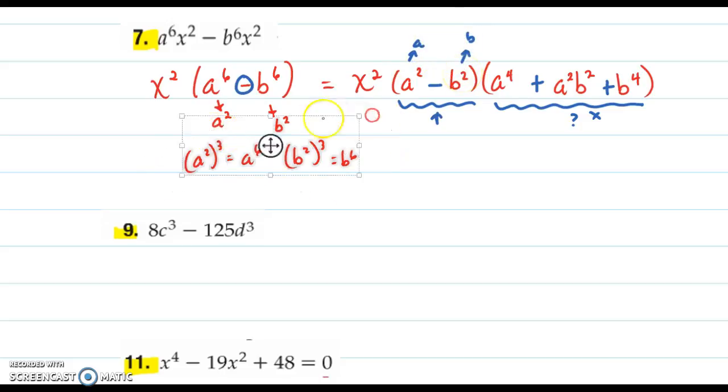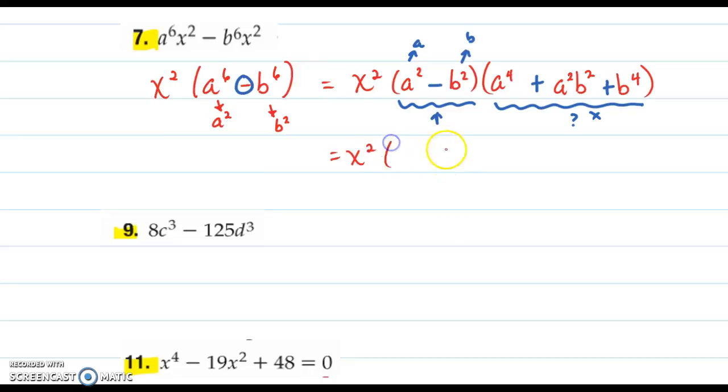So, whoops, I'm just going to erase that so it's not in my way. So now I have x squared times a squared minus b squared factors into a plus b, a minus b, and then this long a to the 4th plus a squared, b squared, plus b to the 4th. And there you have it.